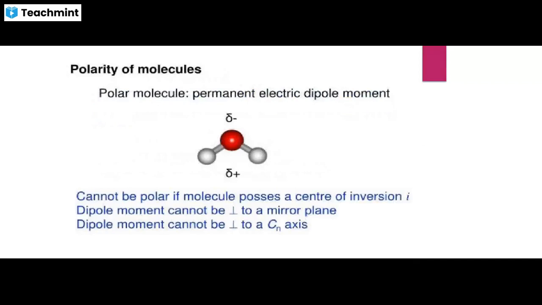This is how to find: it cannot be polar if the molecule possesses a center of inversion, and cannot be perpendicular to a mirror plane, cannot be perpendicular to a C2 axis.